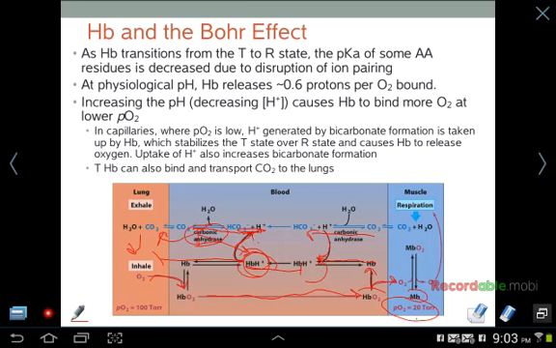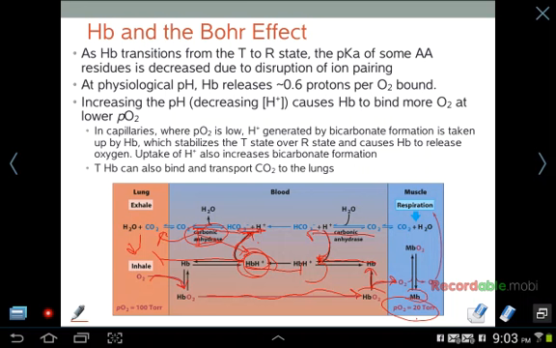In capillaries, where the pressure of oxygen is low, the proton generation by bicarbonate formation is taken up by hemoglobin, stabilizing the T state, which then induces hemoglobin to unload its bound oxygen.